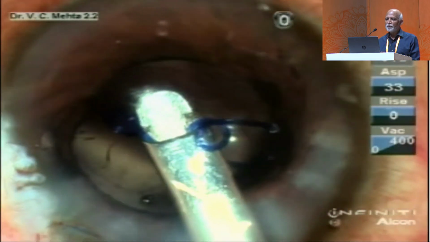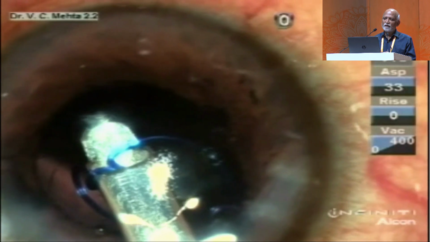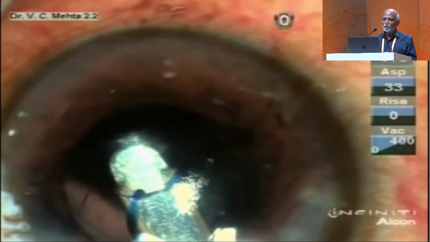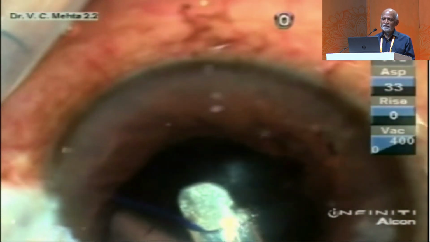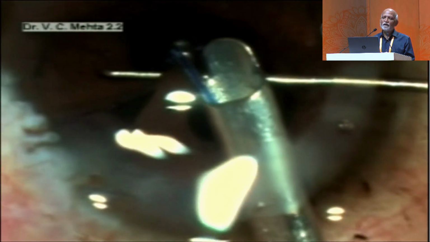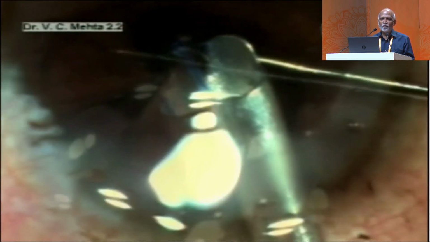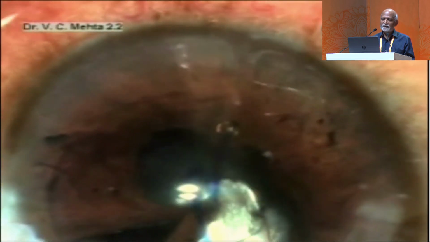So I continue to retract the ring. It keeps on twirling on itself, and I thought that I have almost gotten it out. At that particular point of time, the ring decides to flip, and while flipping, one of the hooks goes into the peripheral iridectomy, and I just cannot pull it out.